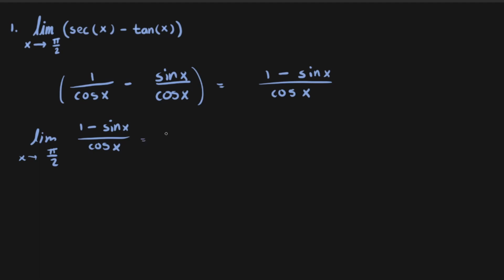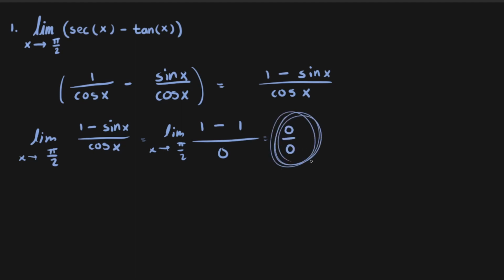We get 1 minus sine of pi over 2, which is 1, and cosine of pi over 2 is 0. So we get 0 over 0. Now, if you remember from the beginning, this is an indeterminate form. So instead of leaving this as the answer, which is completely incorrect, let's use L'Hopital's rule.